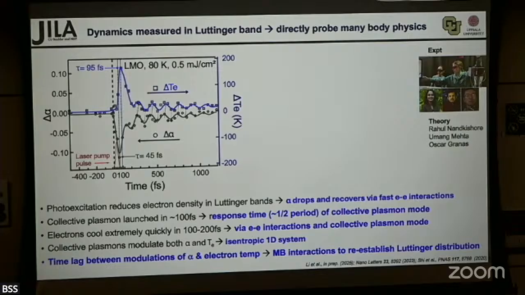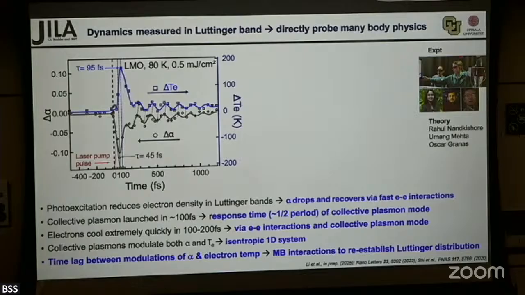And so here is the data extracted from the fit to the Luttinger distribution. This is where the laser is. You can see the minute the laser hits the material, alpha drops, because of course you're taking electrons out of the Luttinger band. But then, as soon as the laser pulse stops, the electrons can start relaxing back into the Luttinger band from the excited states, so alpha recovers super quick.